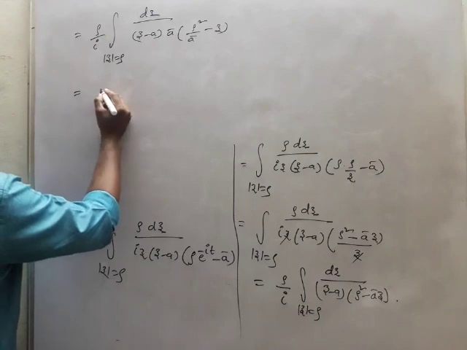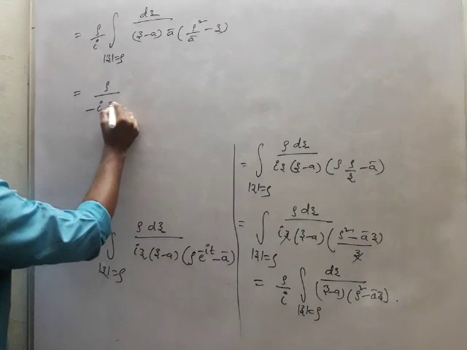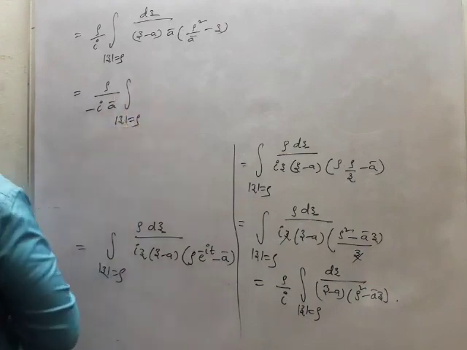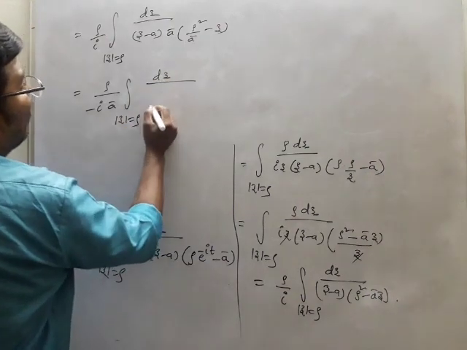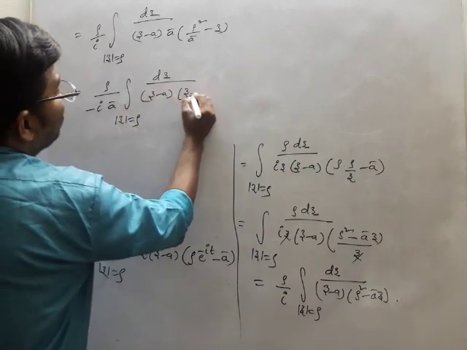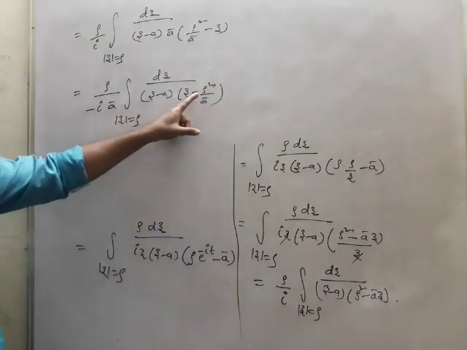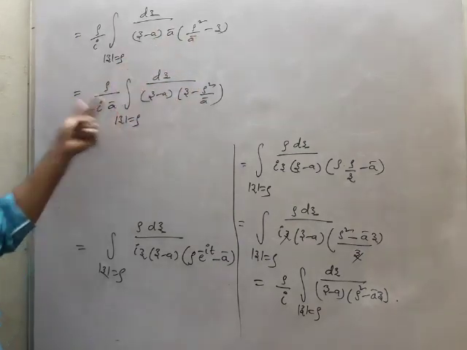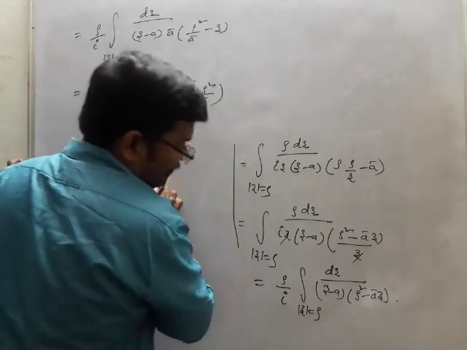So that is rho by, I will write minus I a bar integral mod z is equal to rho. Okay, this is dz by I will write as z minus a, this is z minus rho square by a bar. So what I got here, z minus rho square by a bar minus common here, that minus I have taken outside, a bar also I have taken outside. So a bar is nothing but this.